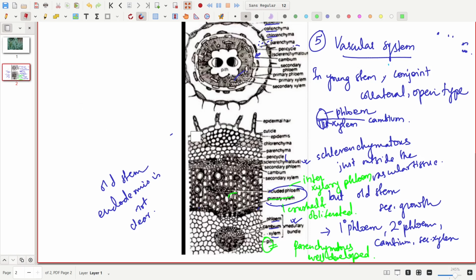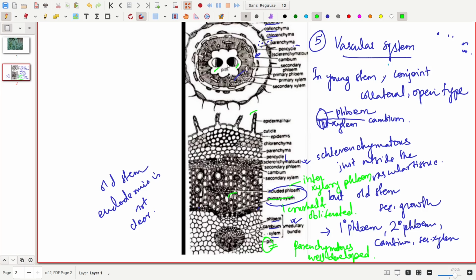Let me discuss it with you. The first anomalous structure is that there are two medullary bundles present in the pith, where their xylem faces each other.